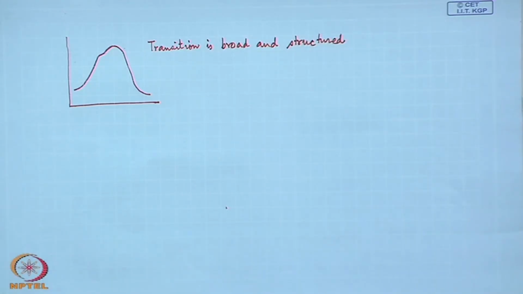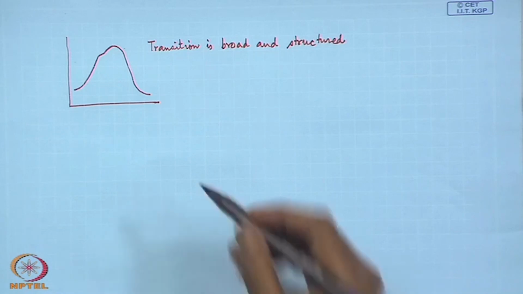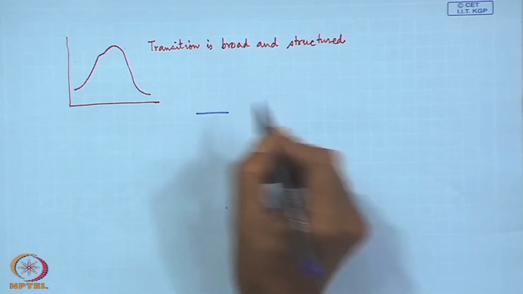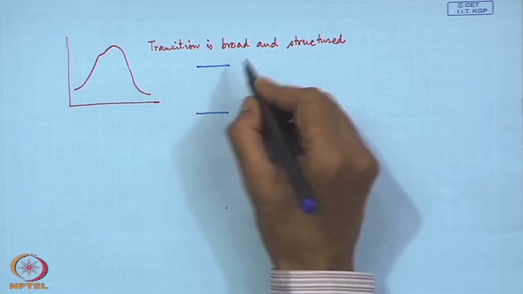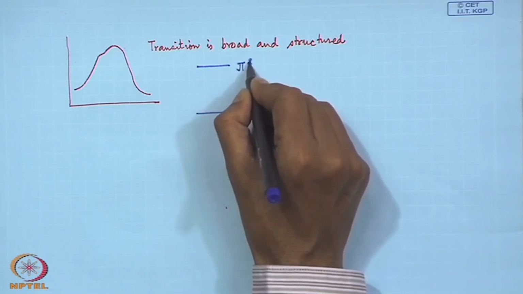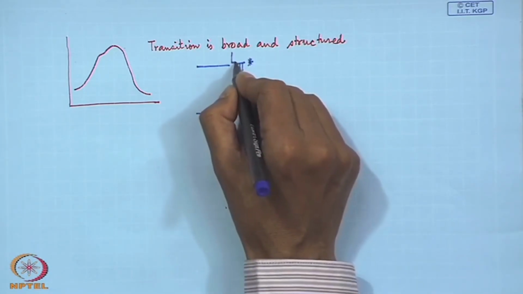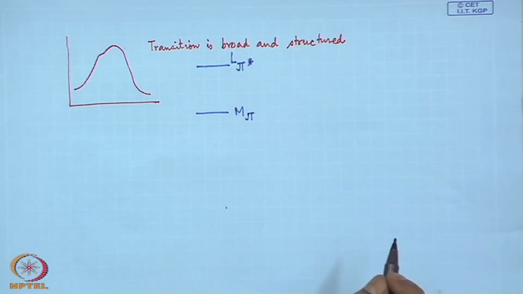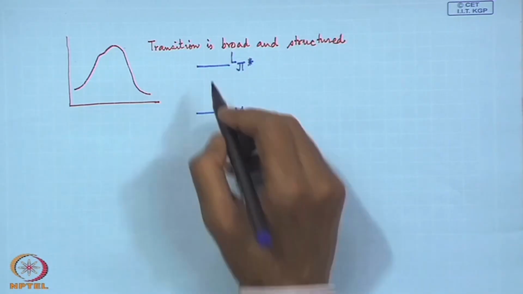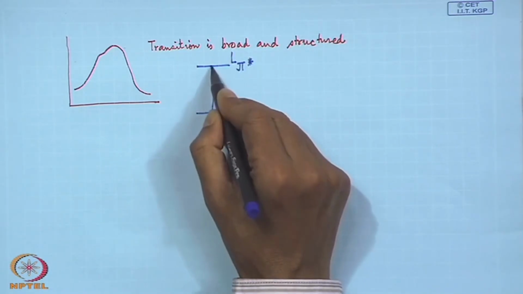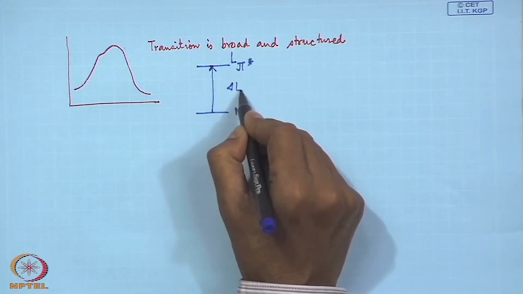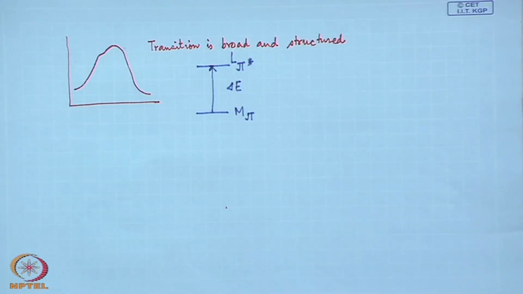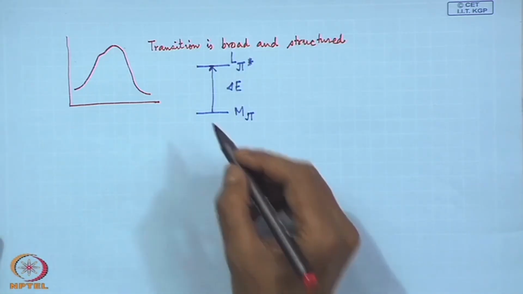Because whatever transition we are talking about is based on the metal level as well as the pi star level of the ligand, so it is L pi star and M pi. L pi star and M pi are involved in the corresponding electronic transition, and the separation between these two levels is the corresponding delta E value.